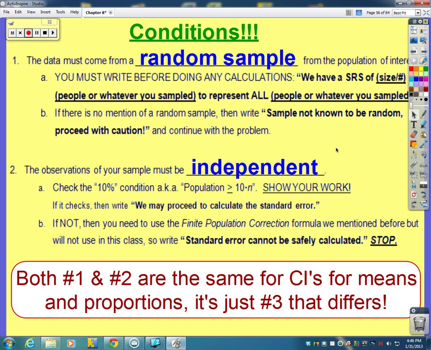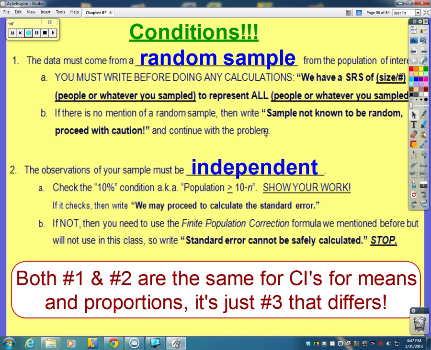You mention that the sampling method will produce a high level of bias, so whatever confidence interval you come up with is pretty much going to be useless. If they don't mention at all what kind of sampling method was used, then we're going to go ahead and do it, but we will say sample is not known to be random, so proceed with caution.